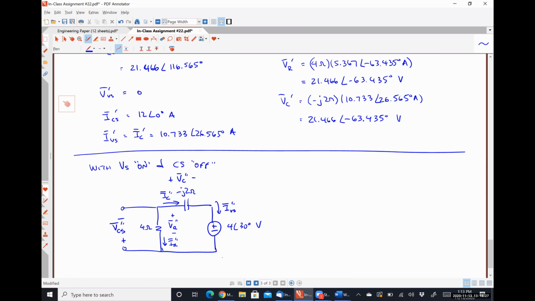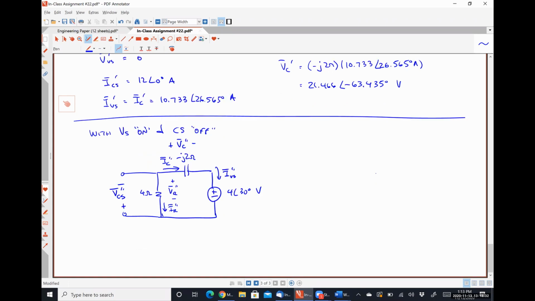All right, so that's what our circuit looks like. So just some of our known things real quick.